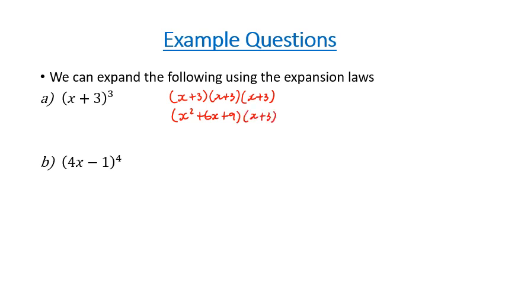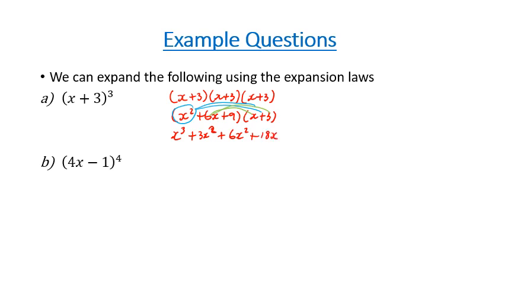and x plus 3. I can now use the further expansion method that we just talked about, where I multiply my x squared by the x and the 3. That gives me x cubed plus 3x squared. Then I've got 6 by the x and 6 by the 3, which gives me 6x squared plus 18x.